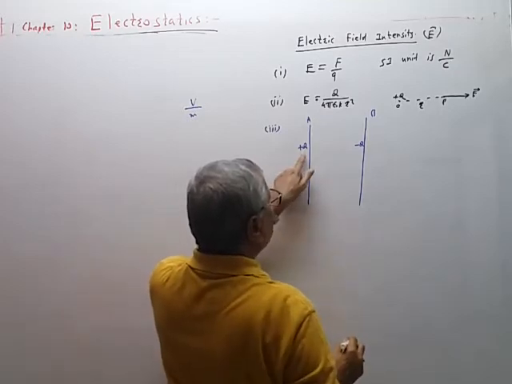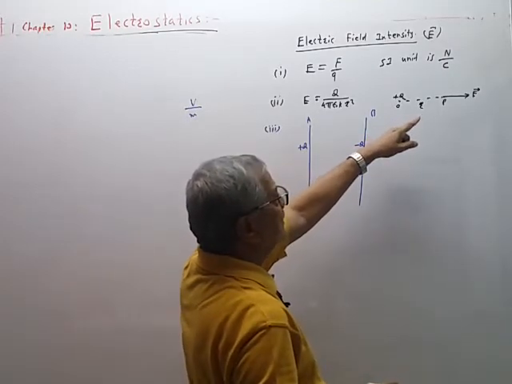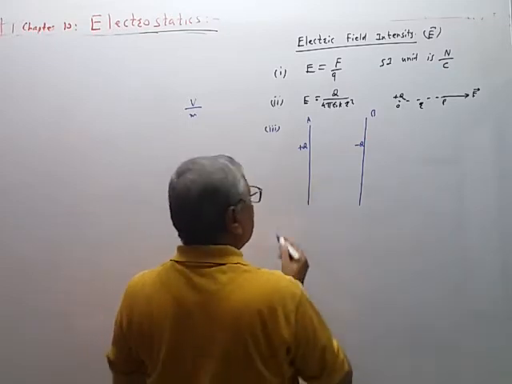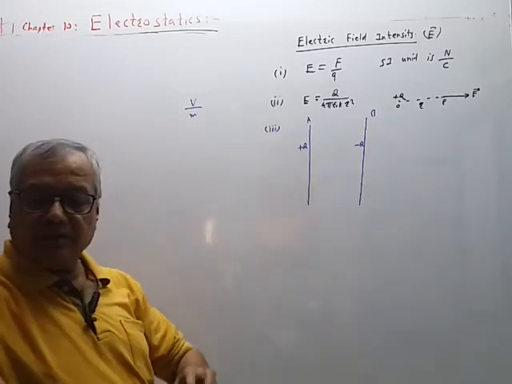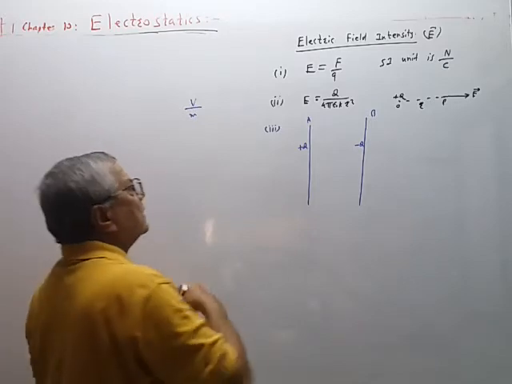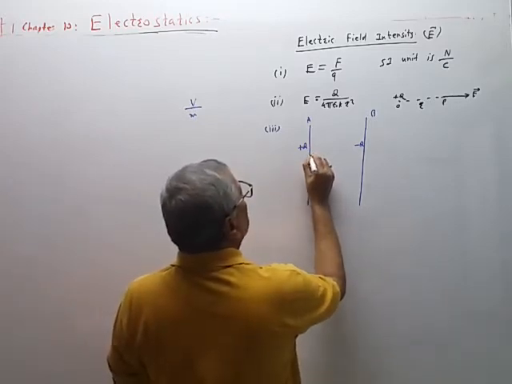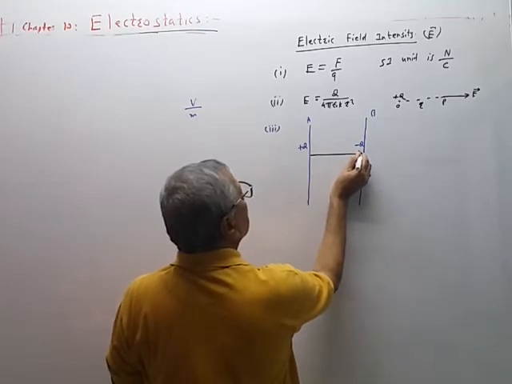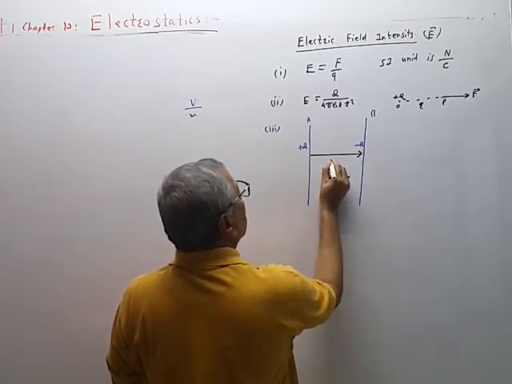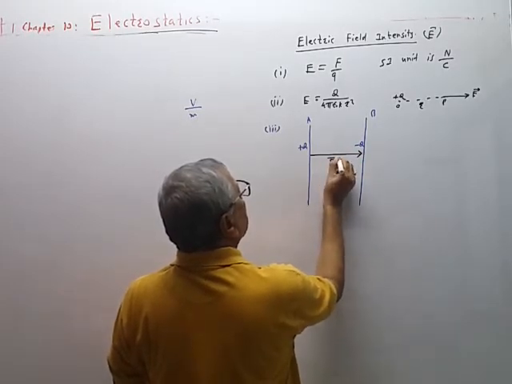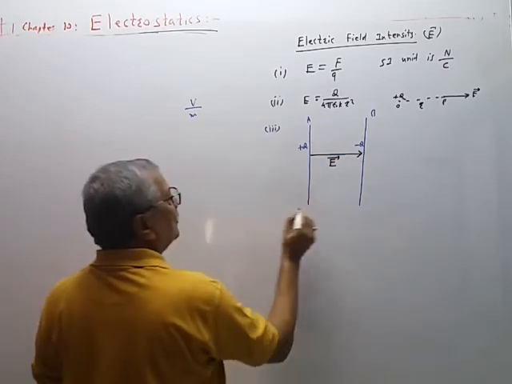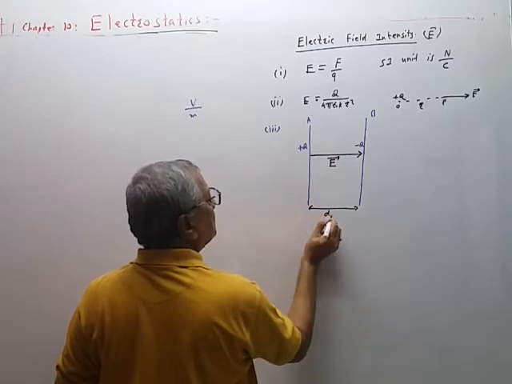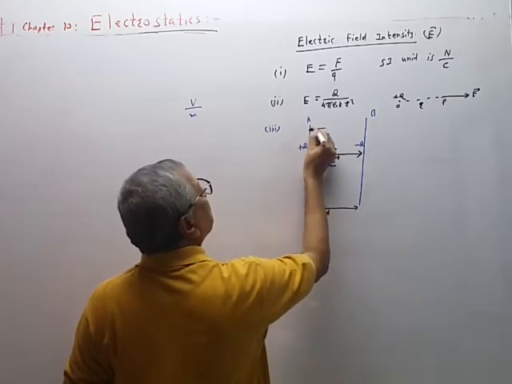We know the rule, electrical intensity is directed away from positive charge and directed toward the negative charge. So between the two plates, the intensity is directed away from positive charge and toward the negative charge. So this is the direction of electrical intensity.